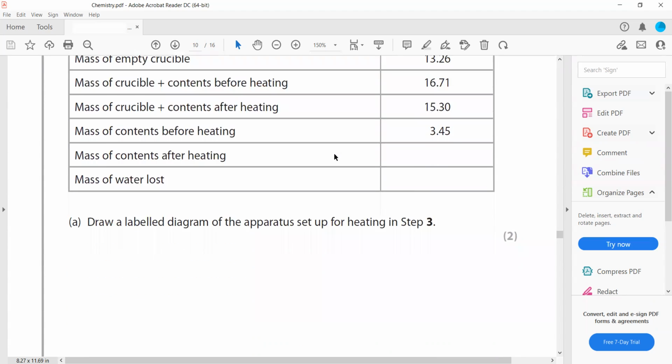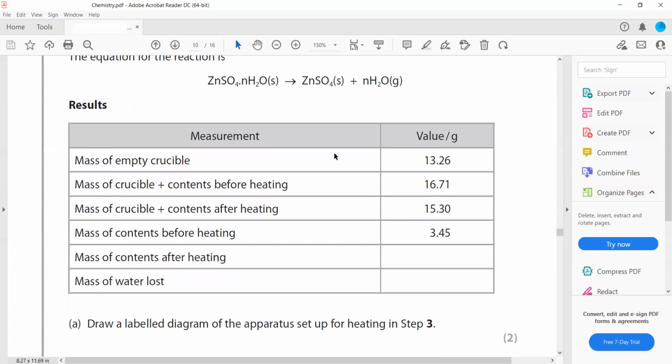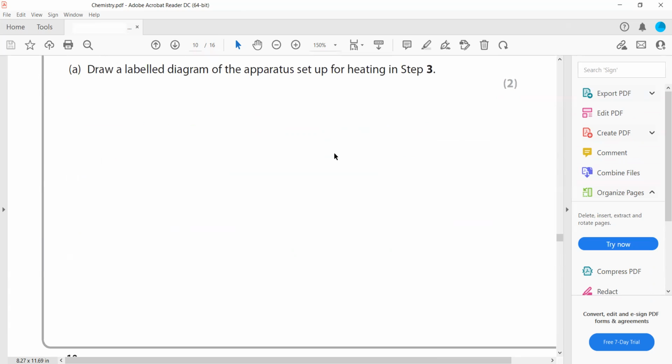Draw a labelled diagram of the apparatus setup for step 3. In step 3, we want to heat a crucible. So what should be the apparatus? The apparatus which we should draw will have a stand, and we place a crucible, and inside this we'll have a solid, and there should be a heat source.